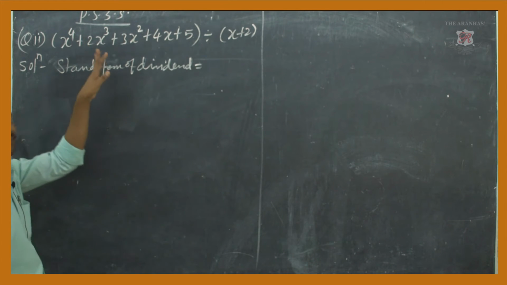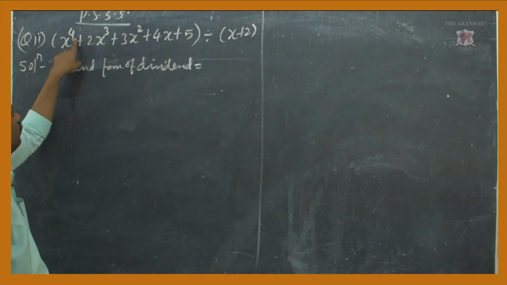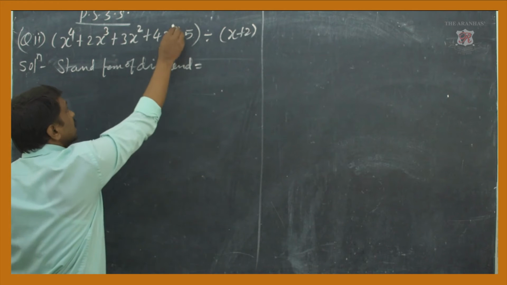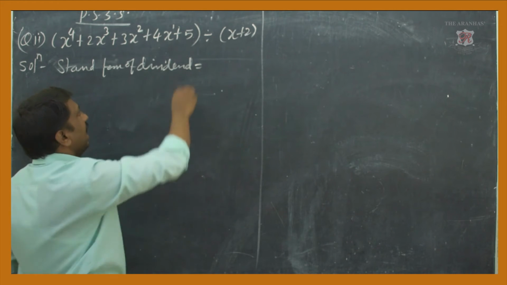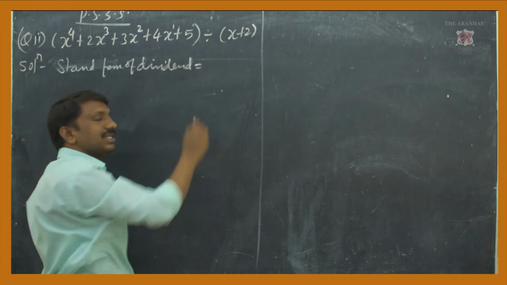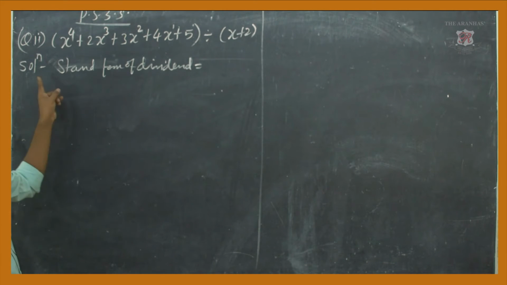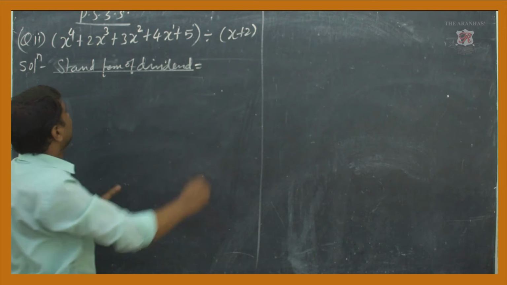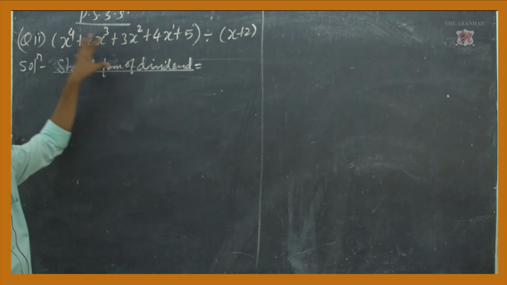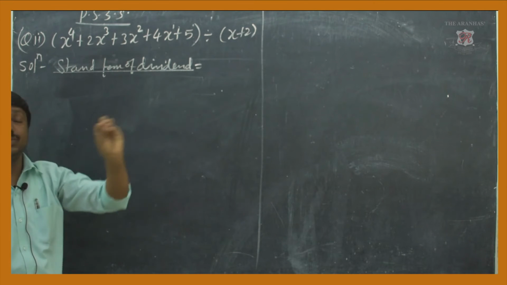Let us see in the question. First is x to the power 4, then 3, then 2, then 4x whose index power is 1, and last is 5, the constant monomial, whose index power is 0. So, we realize our question is already in standard form.